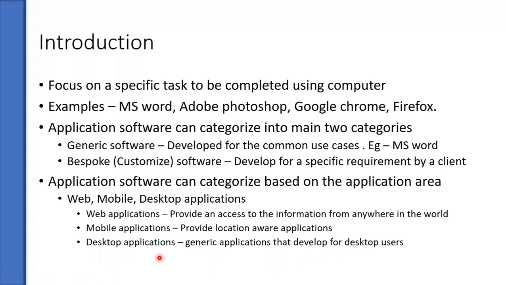You might see these commonly in banks and insurance companies, which use a lot of desktop applications. So now you have a good understanding of what application software is: a small definition, examples, and a small categorization, generic and bespoke, as well as web, mobile, and desktop applications. This is an overview or an introduction to application softwares.